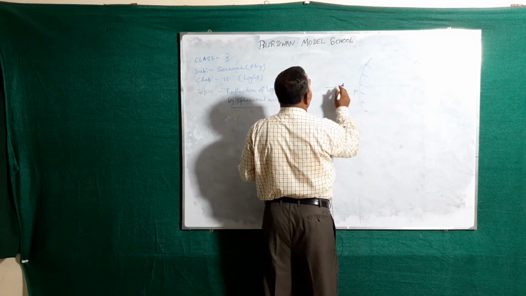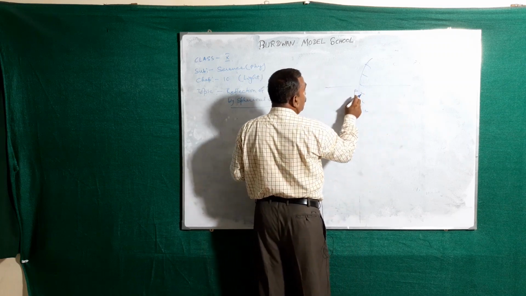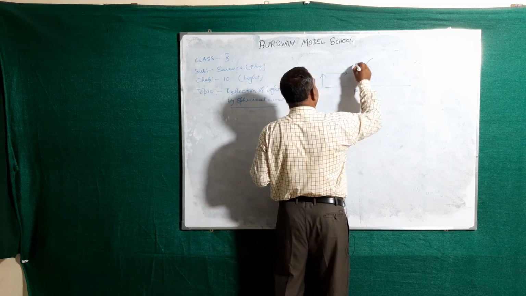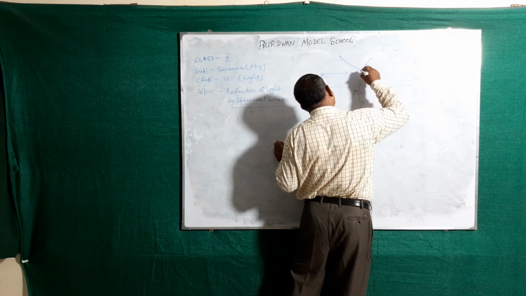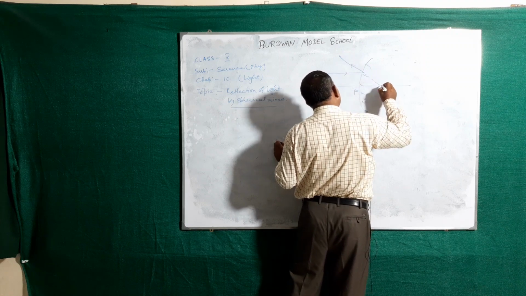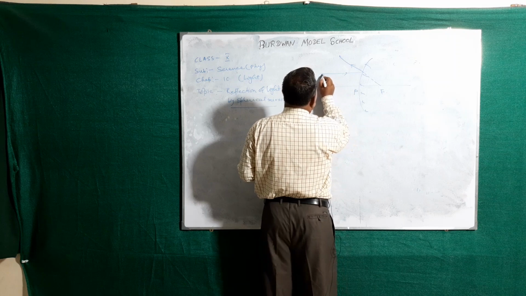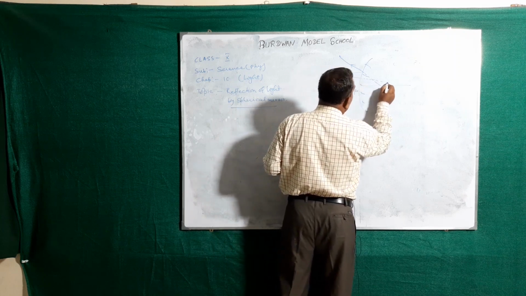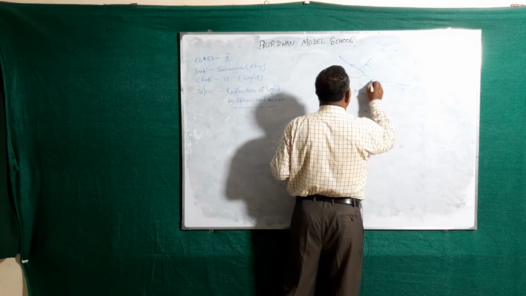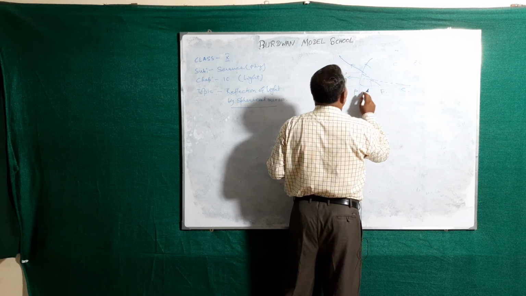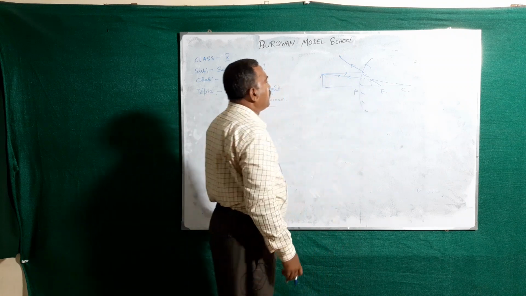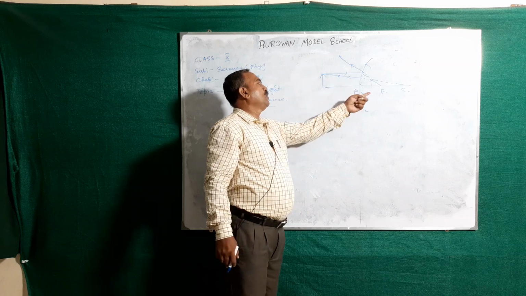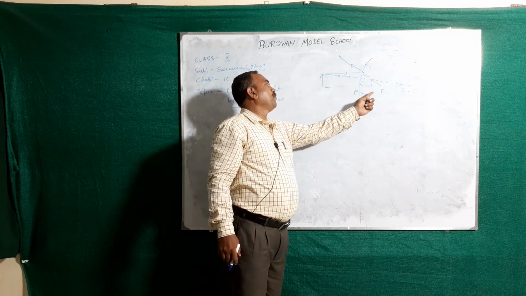If the object is placed in between pole and infinity, that means anywhere, the image will form in between P and F.